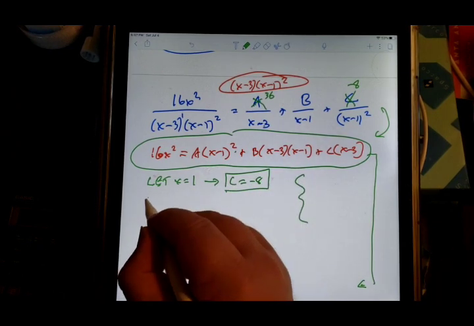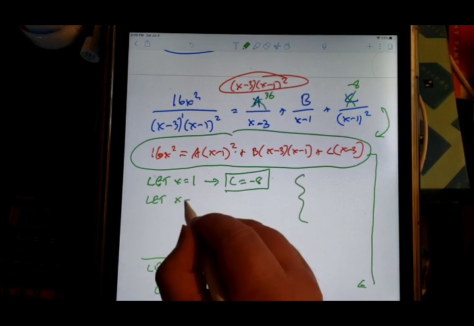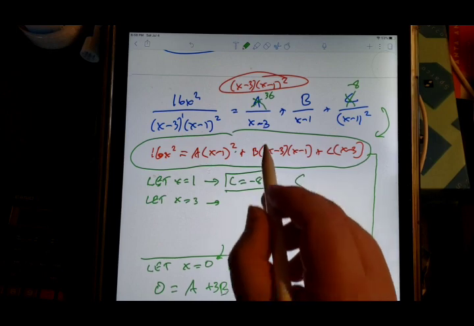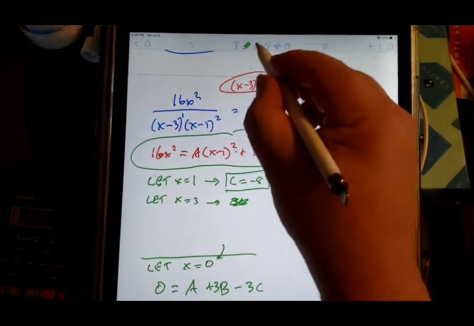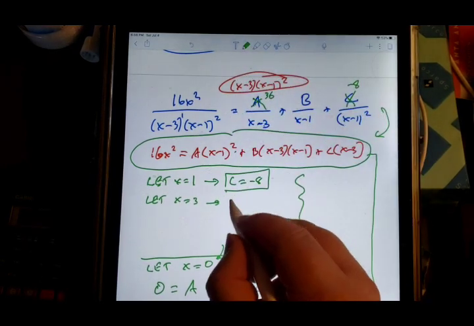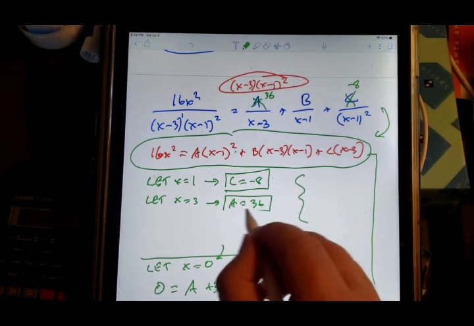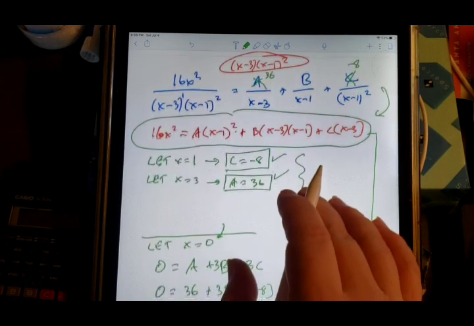When I say I didn't do anything with that, I just said, all right, let's go pick another number. So I let x equal 3, and that gave me a was 36. So in other words, these were final answers, or they felt like final answers.